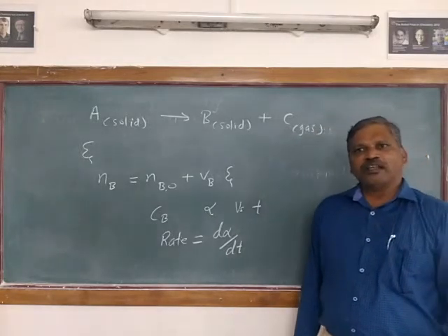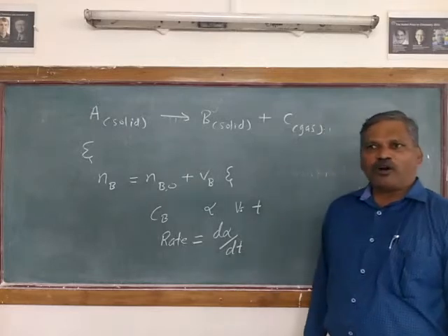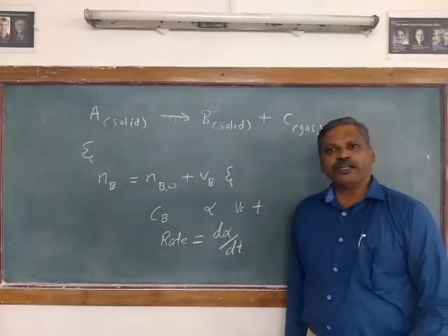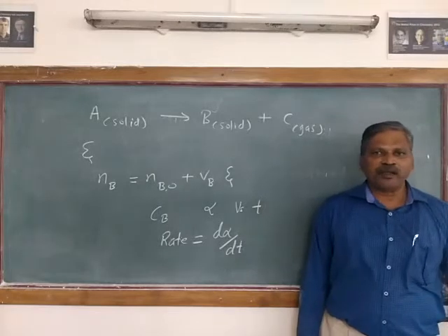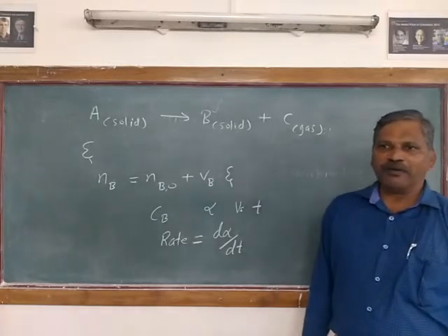The rate of reaction, even if measured at constant temperature, usually varies with time and with the value of alpha.